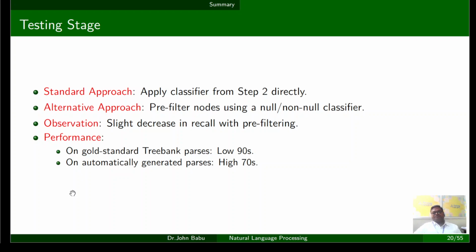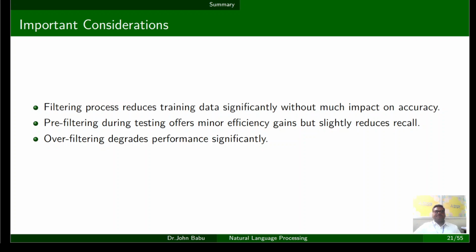Earlier, on the gold standard treebank parses, the performance was low, but with automatically generated parses, the performance was high. The important considerations here are: the filtering process reduces training data significantly, because we are eliminating all the null labeled nodes, without impacting accuracy much.